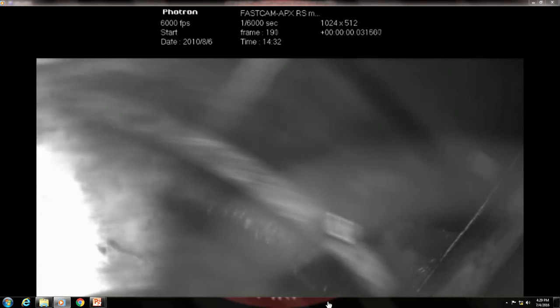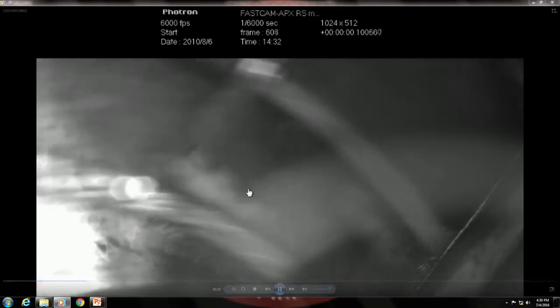So, you see this movie was taken at a high speed of 6000 frames per second, that is shown at the top, and we have also tried to slow down and show you here. You can see the formation of cavities, and it is very clear, and you can also see that beyond a certain distance in the vane passage, the cavities do not appear, the cavities have disappeared.